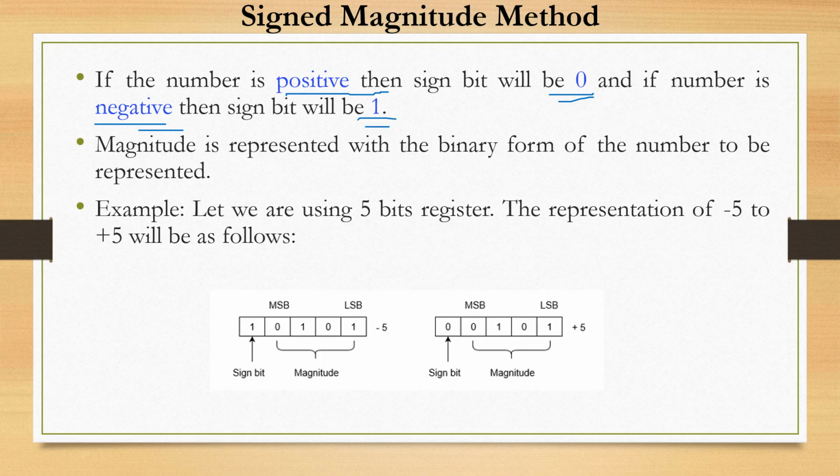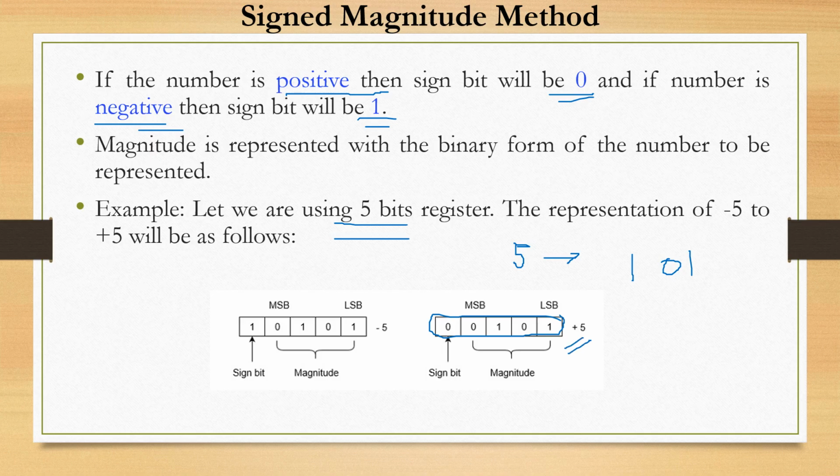Let's see the representation of positive 5 and negative 5. How do we represent 5 in the binary number system? 5 is represented by 101. Here we have to use 5 bits, so we create a box of 5 digits, and from right to left we put the bits. 101 is placed, and the remaining will be 0 0.